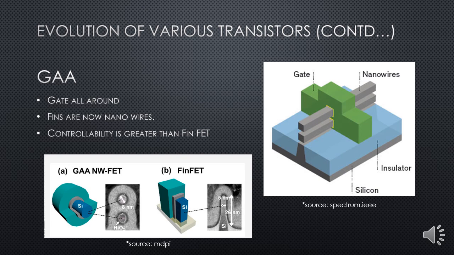You can see in this diagram how the nanowires will look. Here it's like 8 nanometer, so you can imagine how thin this is. The diameter is about 8 nanometer, and it's very thin.